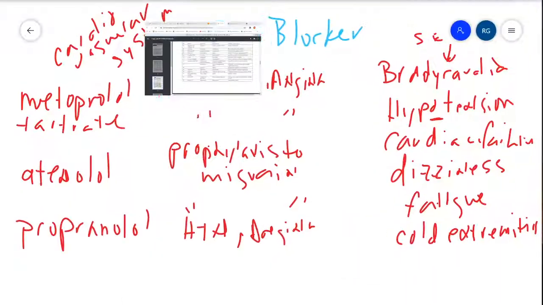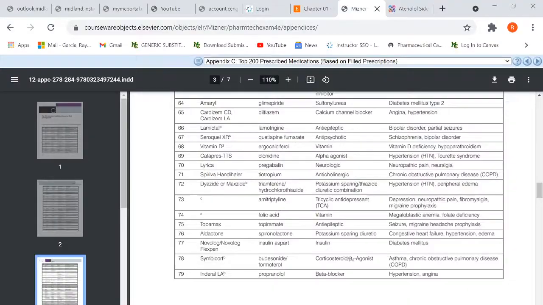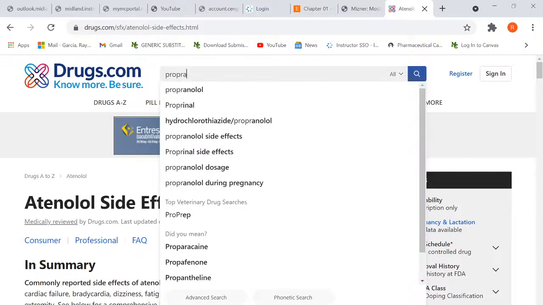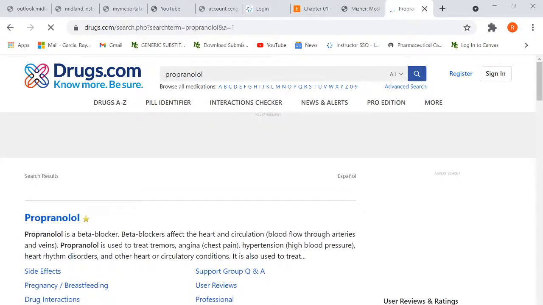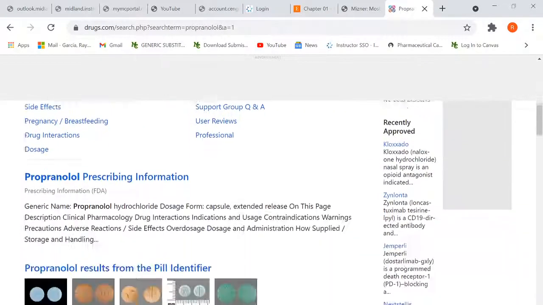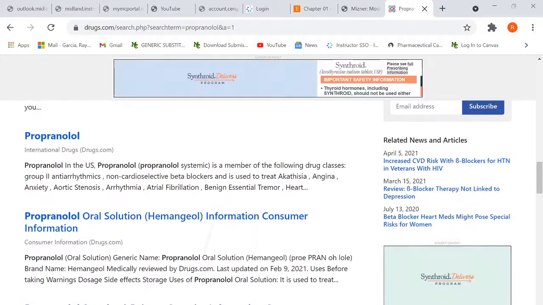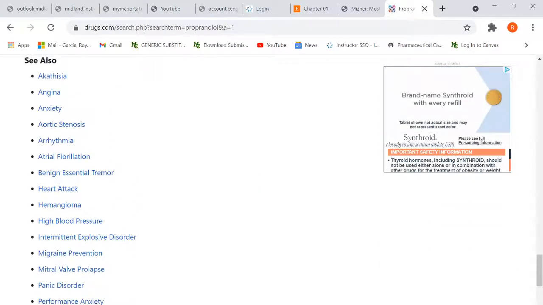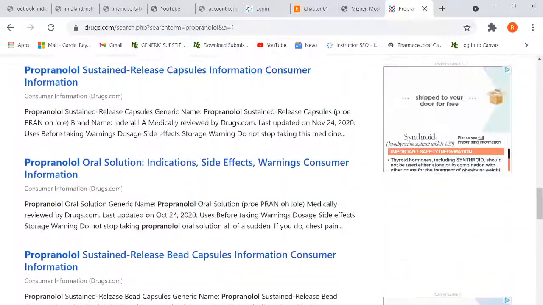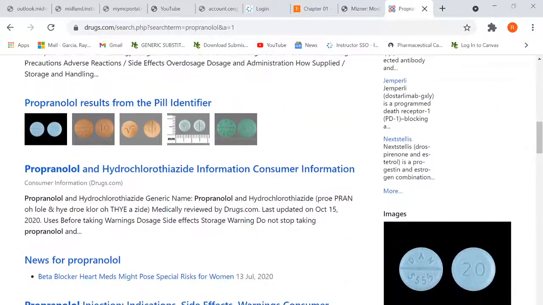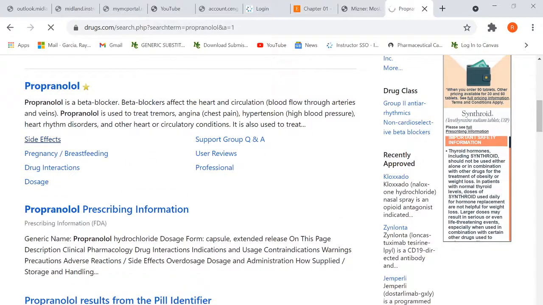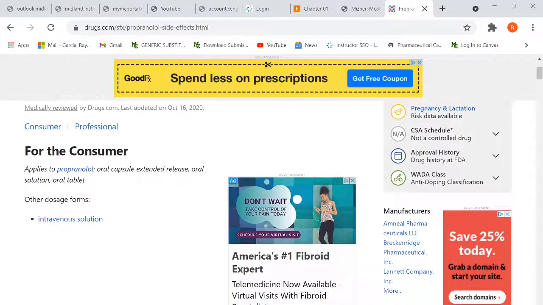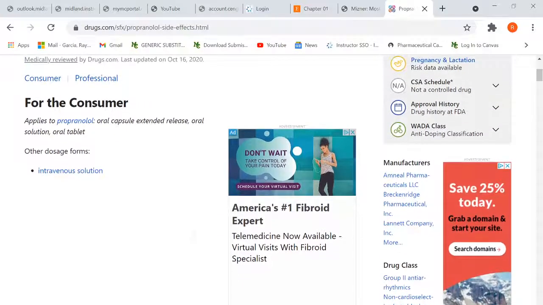Let's see, propranolol doesn't seem to have a list of side effects.